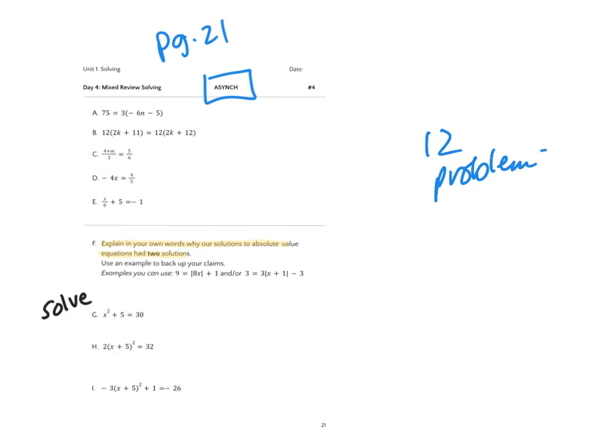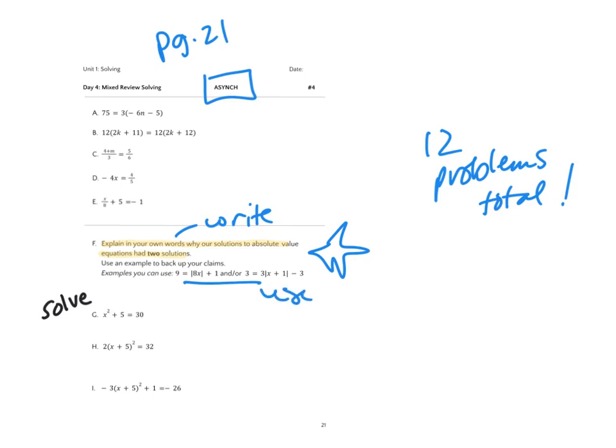I know. I'm sorry. So do what you can. This one, right, you are welcome to explain in words. So write me something. Or you can use math to show. Use an example to help show your understanding.